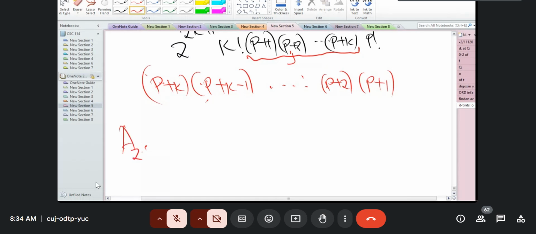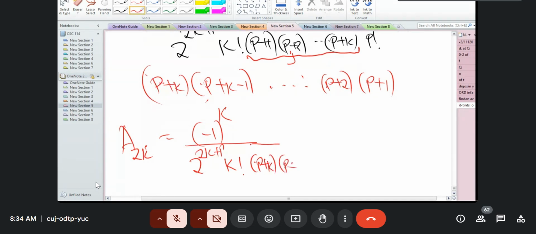So we are having a sub 2k equals minus 1 raised to power k divided by 2 raised to 2k plus p times k factorial times, if we start with p plus k, then we have p plus k minus 1 all the way up to p plus 2, p plus 1. We only dealt with this. We started with p plus k backwards to p plus 1.